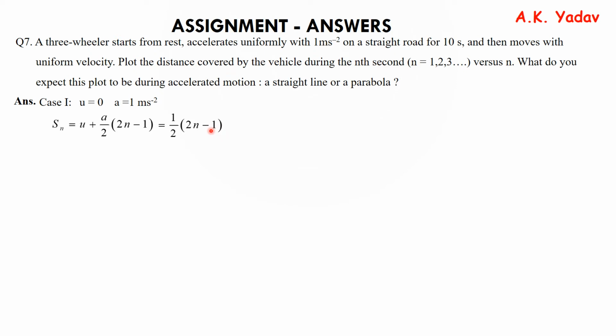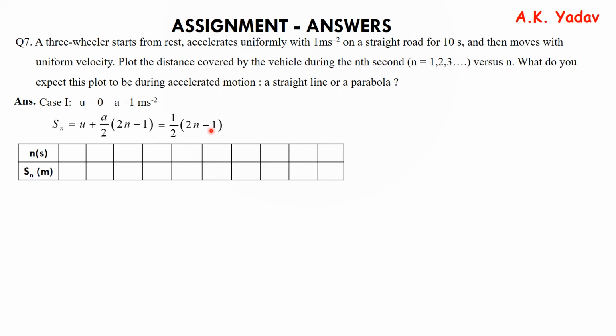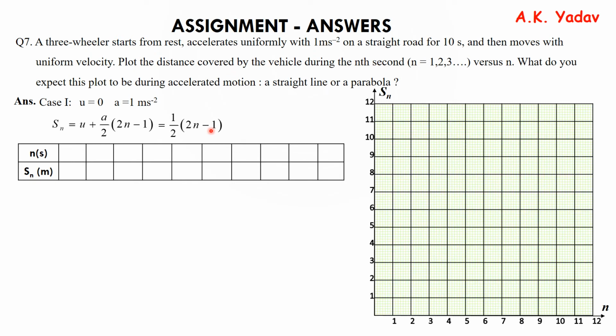Now I will find out the Sn when the n values are 1, 2, 3, 4, 5, 6 and I will plot it on the graph. So when n is 1, Sn is 0.5, it is plotted on the graph. When n is 2, Sn is 1.5, again plotted.